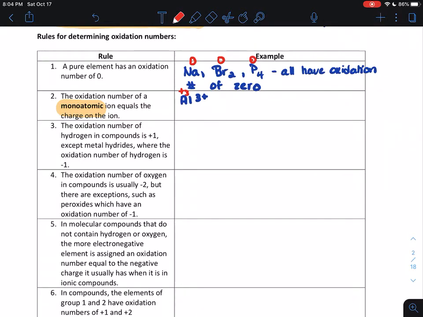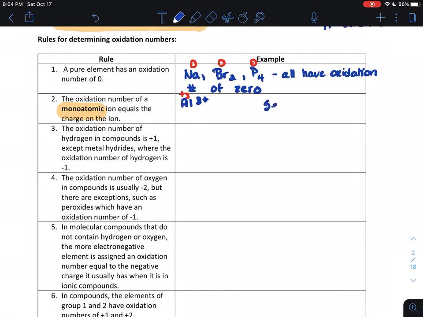The selenide ion is Se2 minus, so its oxidation number is going to be -2. Do you see that we write the charge in front, again, to show the difference between a charge and an oxidation number.